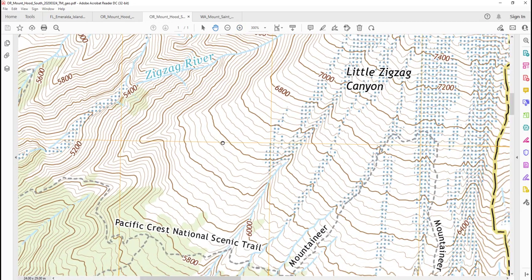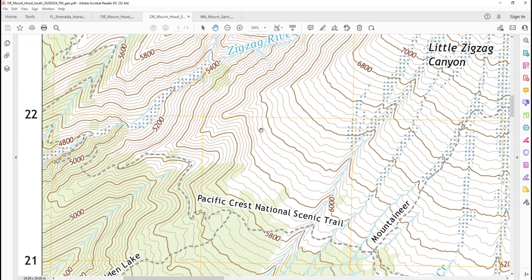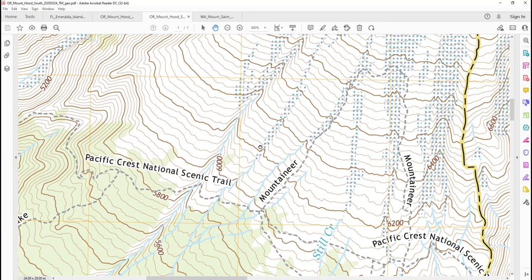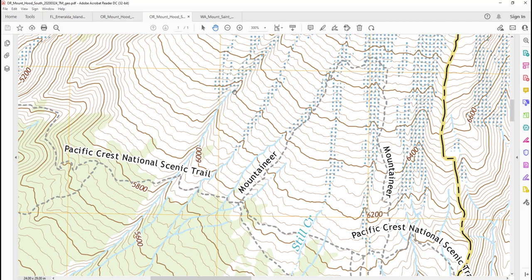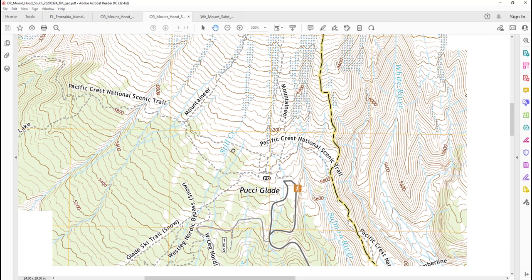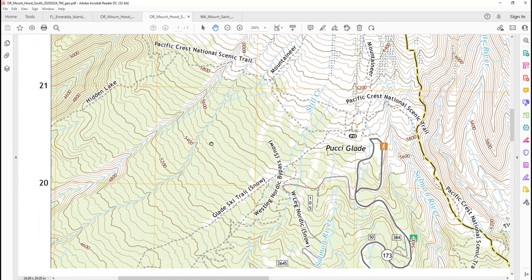And so we can see here a relatively flat area, relatively speaking, for this part of the world. And here's a stream. And you can see what happens as the contour lines cross the stream. They make a V in the upstream direction.